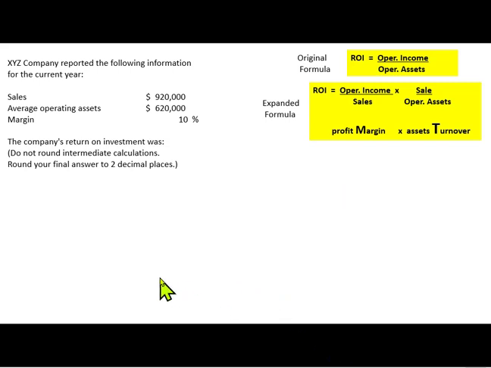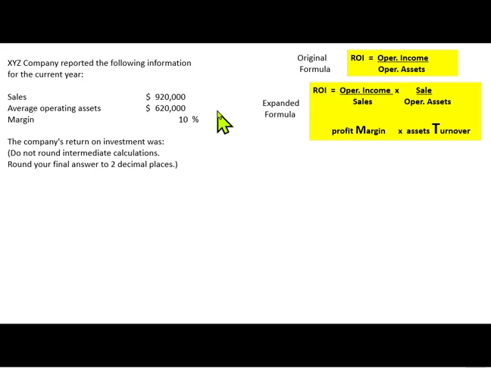Here's our first question. XYZ company reported the following information for the current year. We have sales, $920,000, average operating assets, $620,000, and our margin, profit margin, is 10%. The company's return on investment was how much?